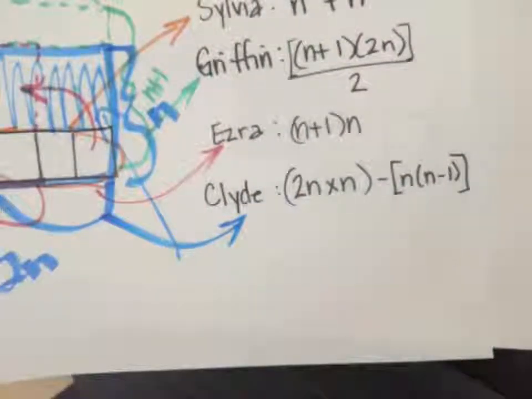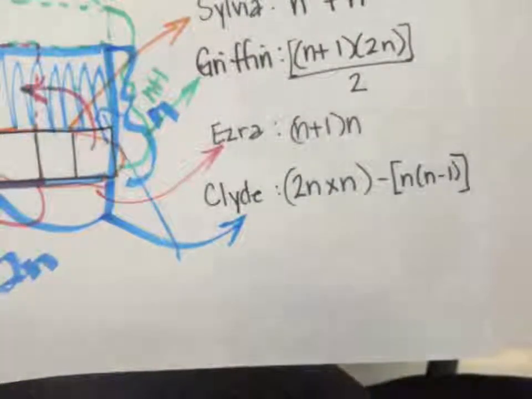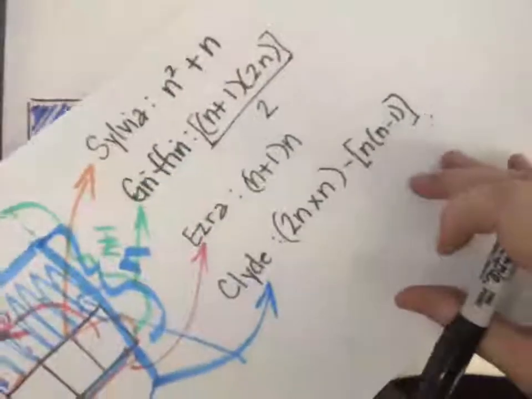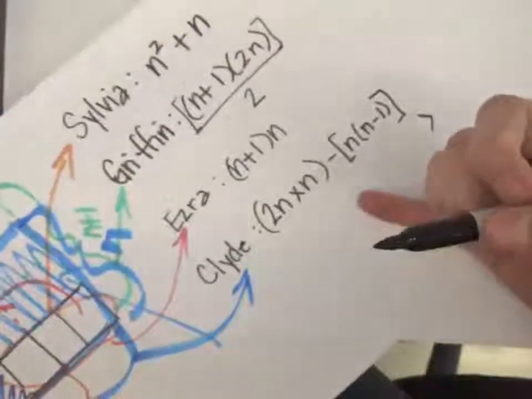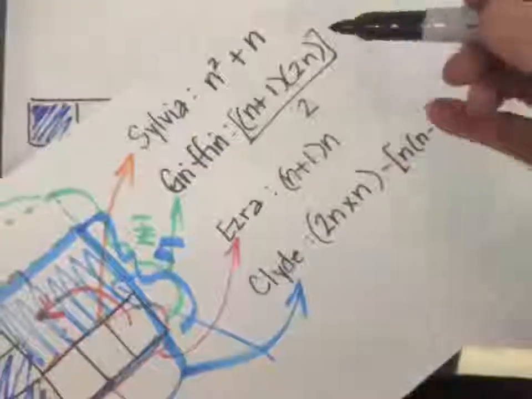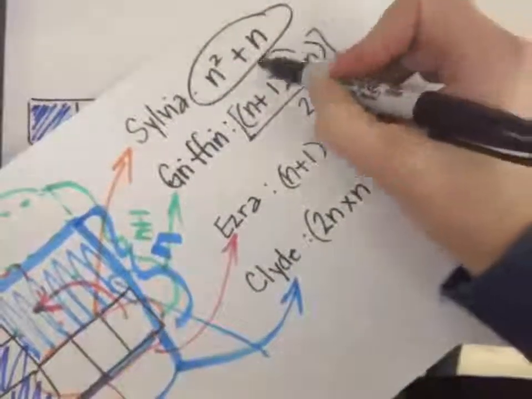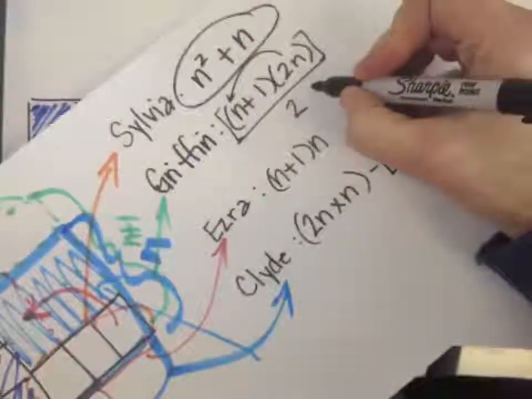What we do after that as a class is we go through and simplify all of our expressions so we can see that they are actually all the same, even though they look so different. Sylvie's is as simple as we can get it. But then we'll practice simplifying.